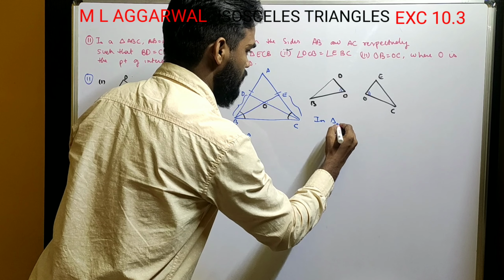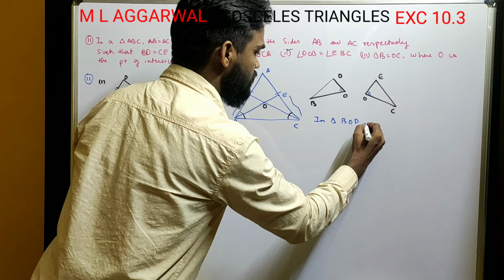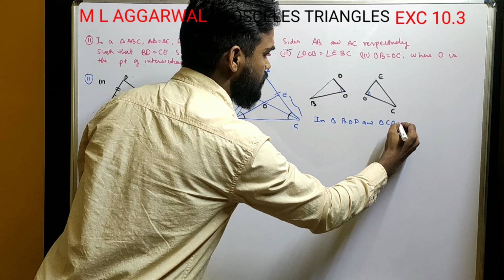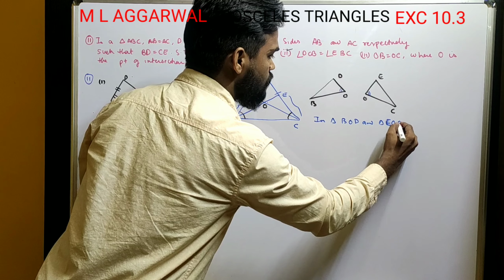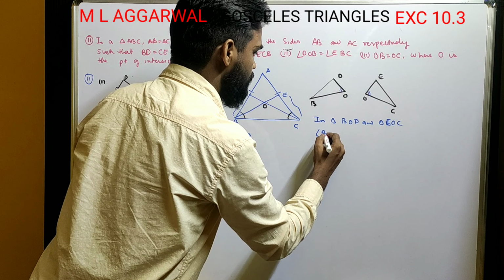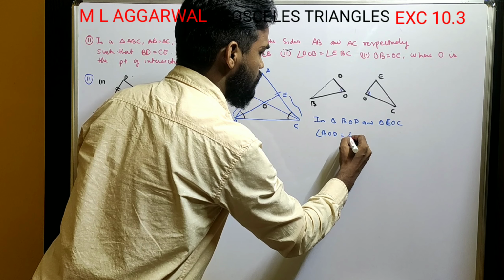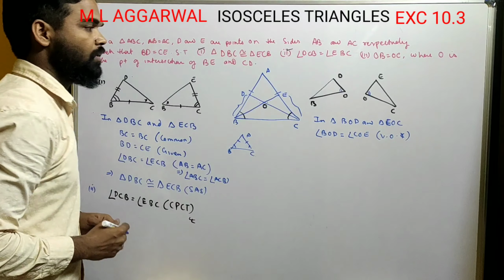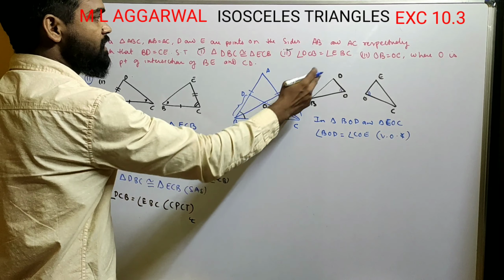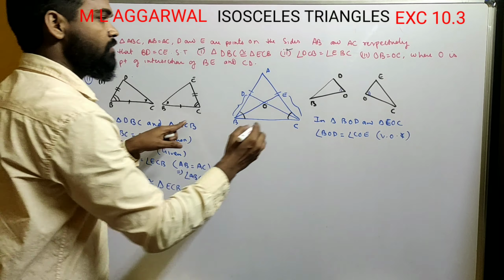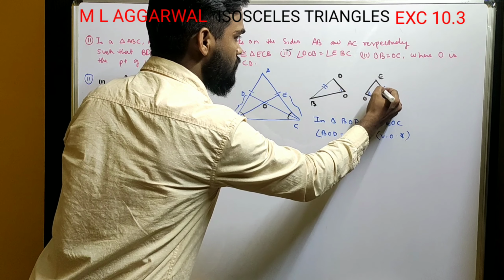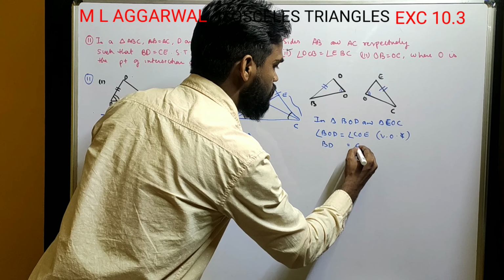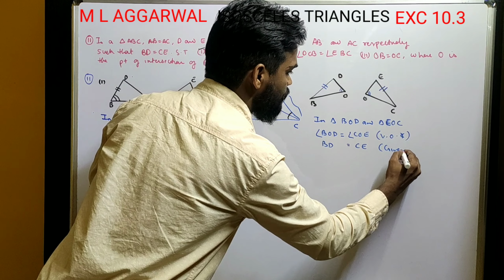In triangle BOD and triangle COE, angle BOD is equal to angle COE, that's vertically opposite angles. Now BD is equal to CE, this and this are equal, they have already given. BD is equal to CE, given.